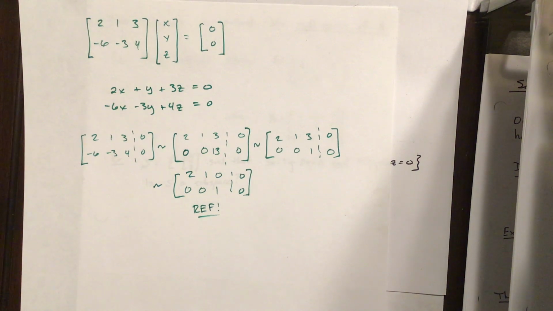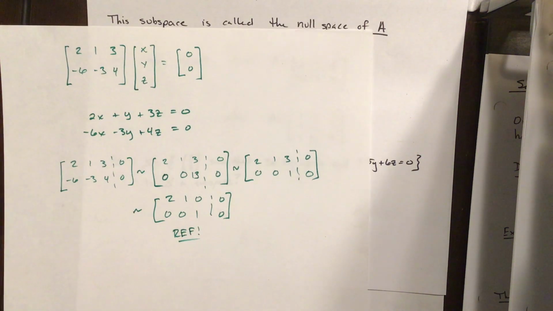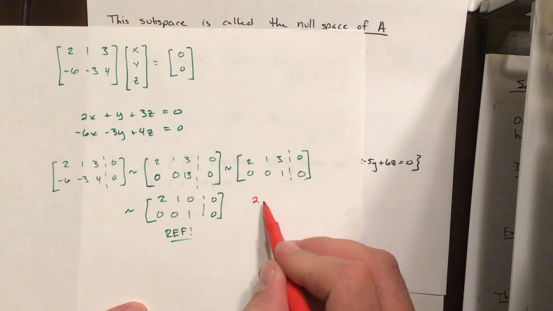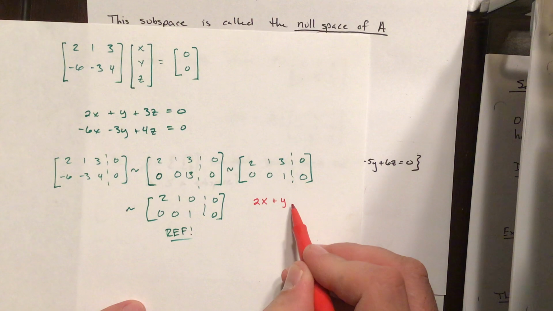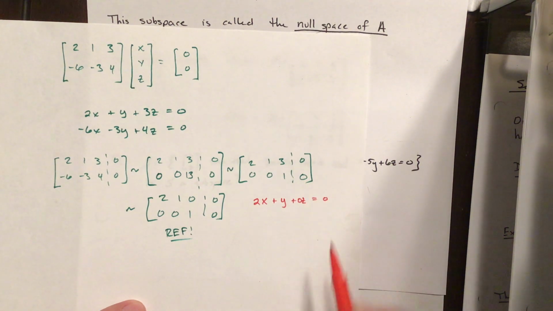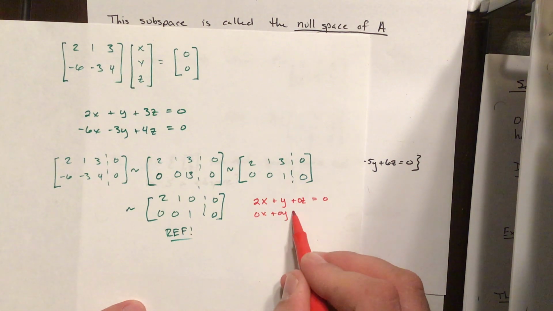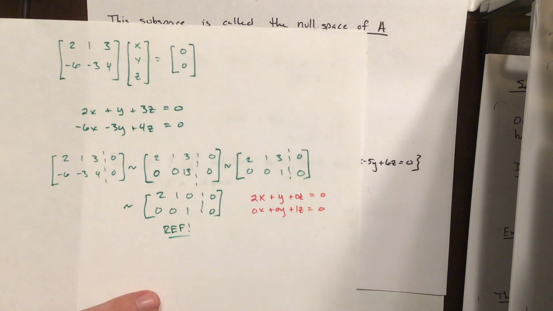This will suffice because this corresponds to, and I'll write this in red, the system of equations 2x plus y plus 0z equals 0, and 0x plus 0y plus 1z equals 0. So what can I conclude from this?